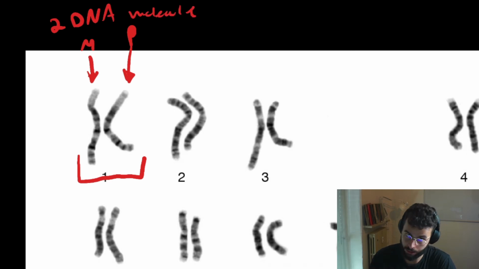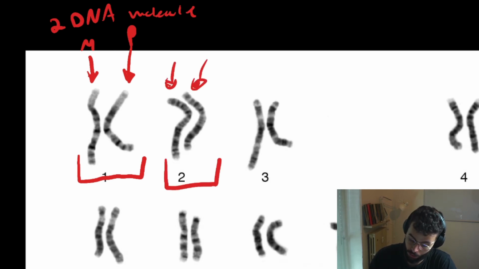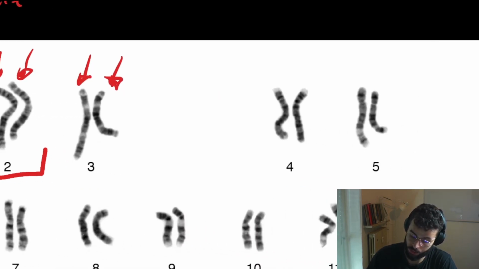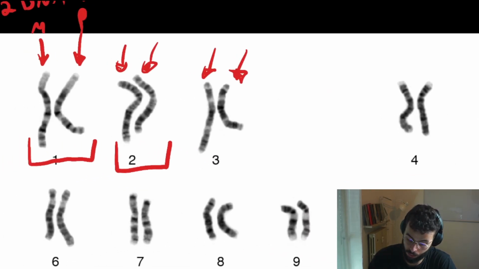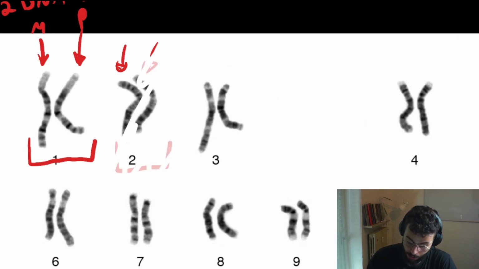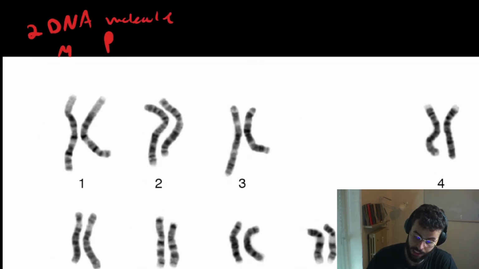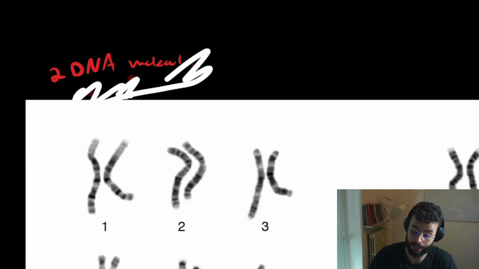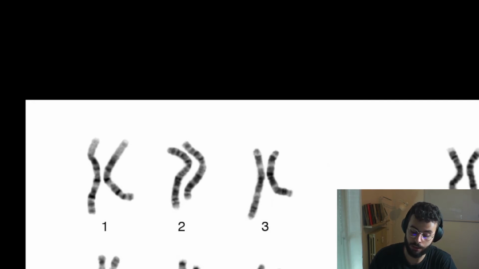One from the father, one from the mother. The chromosome 2 will have 2 as well. Chromosome 3 will have 2 as well. So on and so on. Now, this is before the actual DNA replication. Before the DNA replication, each chromosome will contain one DNA molecule, and each molecule will contain genes.